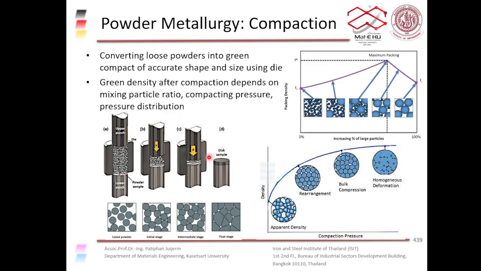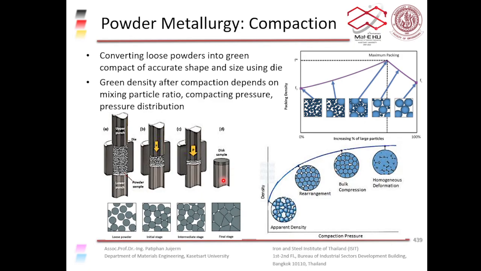It doesn't have the strength yet because initially, when you put in the powder, the particles are just separated. After compaction, the powders get closer and closer. There might be some deformation of the powder, right? And you get a green compact product.